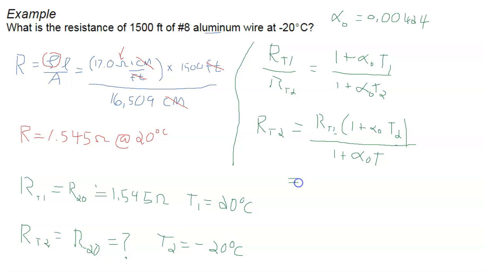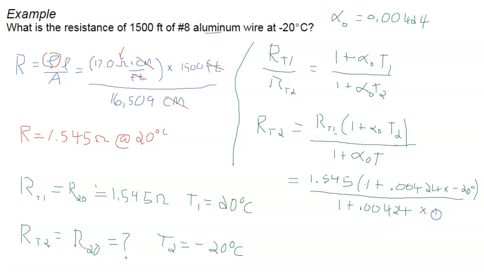And so now we have 1.545 ohms multiplied by 1 plus 0.00424 times negative 20 degrees, over 1 plus 0.00424 times plus 20 degrees.